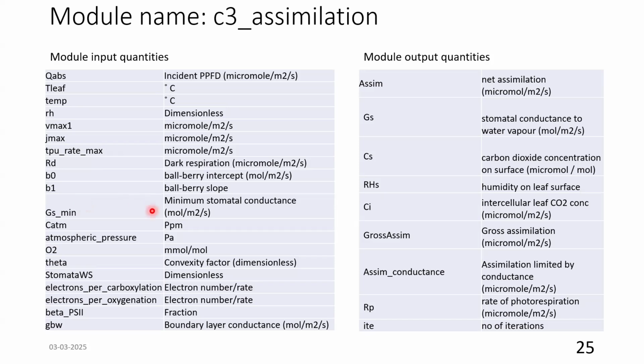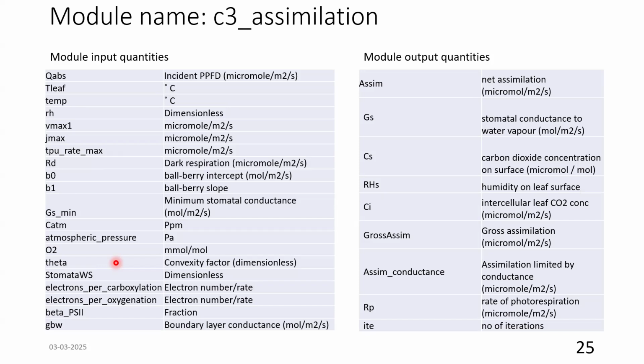So there we use a minimum stomatal conductance value of 0.001 or 0.0001 or anything slightly more than 0. Then we have to input the atmospheric carbon dioxide, the atmospheric pressure, and the oxygen value. Theta is the convexity factor. Again, in the AQ curve, there is a point where the slope will transition to the asymptote, and that factor is called the convexity factor. Stomata water stress, we just now looked at.